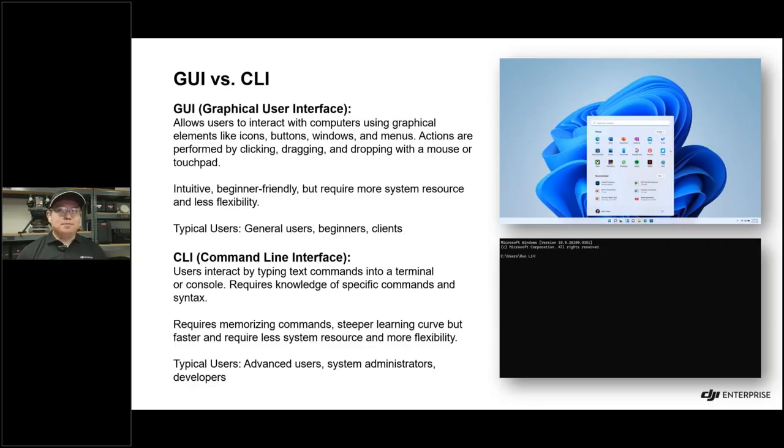First of all, if you install software on your computer, generally you download the installation package, double click on it to run the wizard, follow the wizard to define the installation path, and click next until it gets installed. Well, FlightHub 2 deployment isn't like that. There's a reason we use CLI, and there are benefits to using CLI as well.